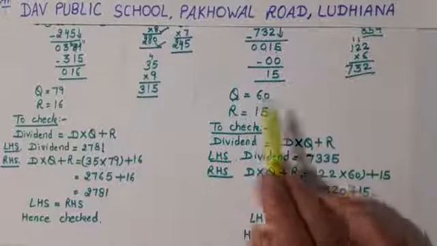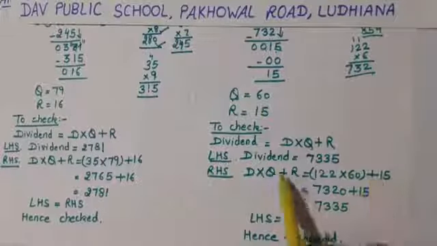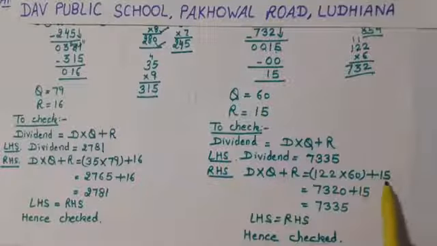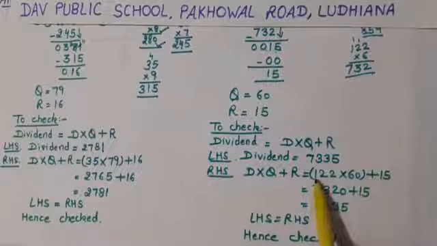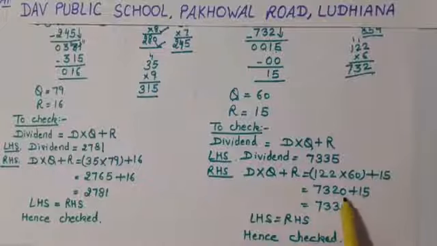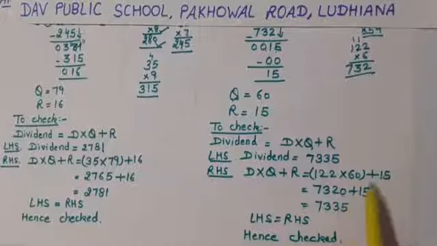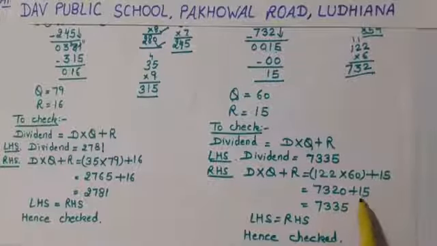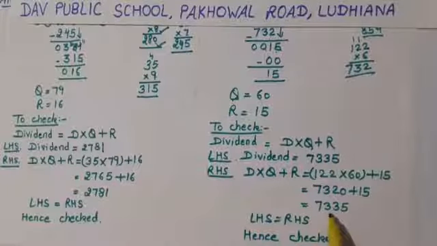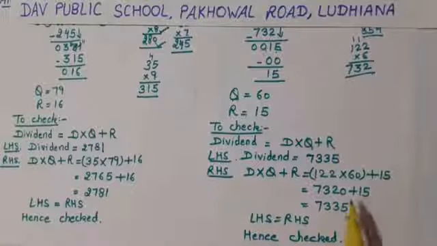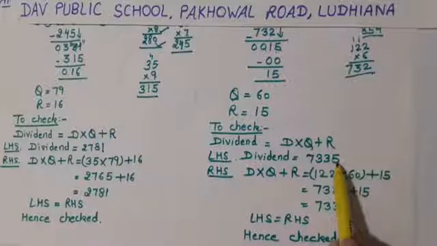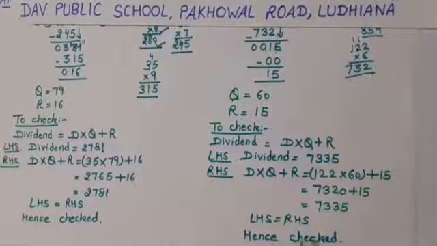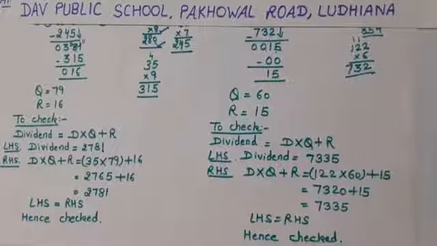Quotient is 60 and plus remainder. R is the remainder. Now we will first multiply. We will get 7320. You can multiply it in rough, right? Plus 15. So after addition, we will get 7335, which is same as dividend, which is same as LHS, right? So LHS equal to RHS, hence checked.